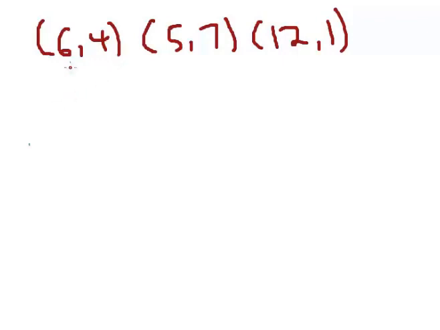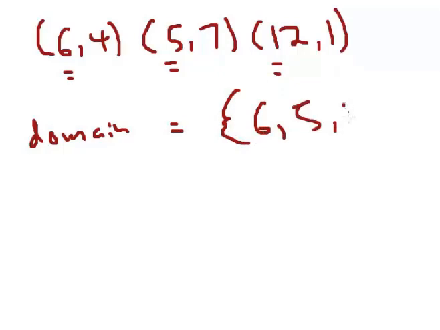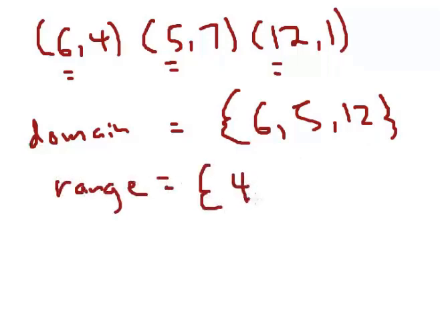Since the x values are 6, 5, and 12, the domain is 6, 5, and 12. The range would be 4, 7, and 1.